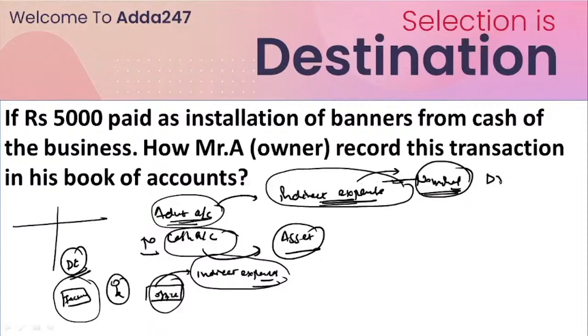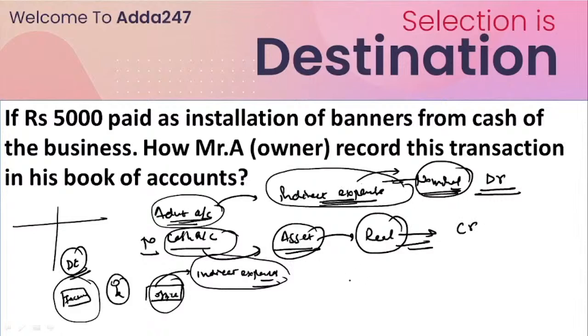So the advertisement account should be debited, and the cash account comes under the asset account. Assets we keep under the real account category, and for that the golden rule says debit what comes in and credit what goes out. So here in this case, cash is just going out, isn't it?